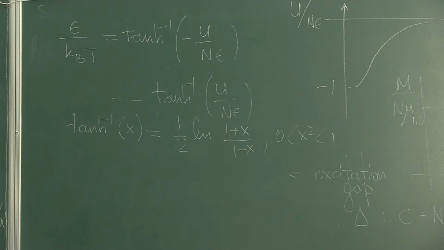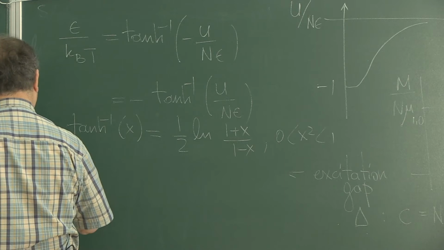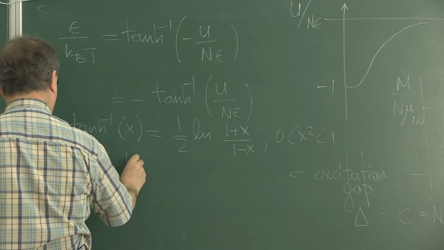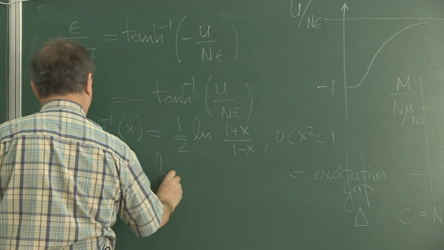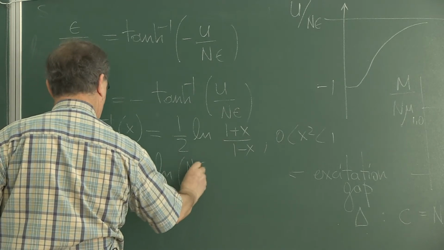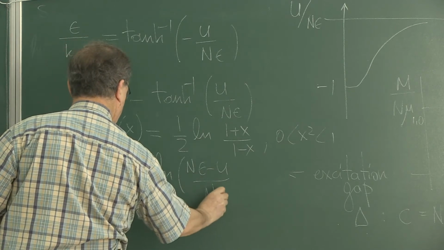So one more important thing, using this, 1 over T becomes kB over 2 epsilon ln of (N epsilon minus U) over (N epsilon plus U).